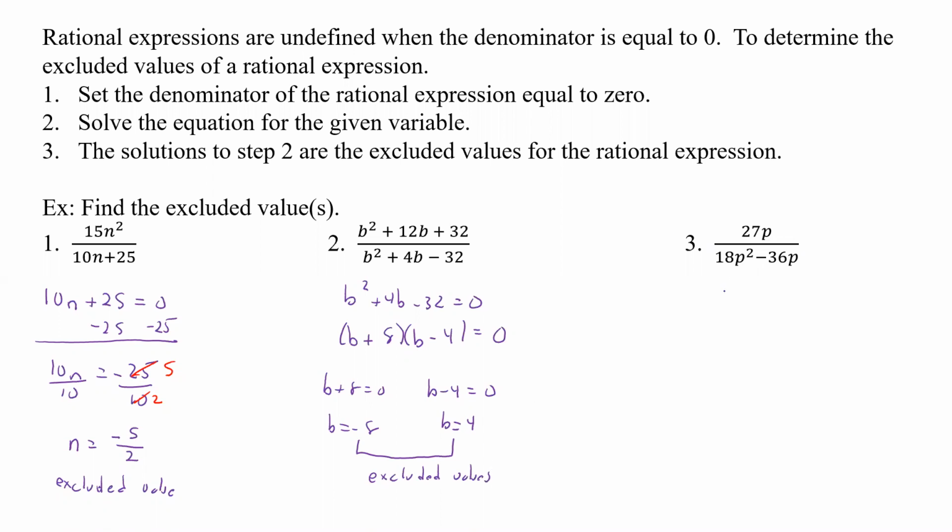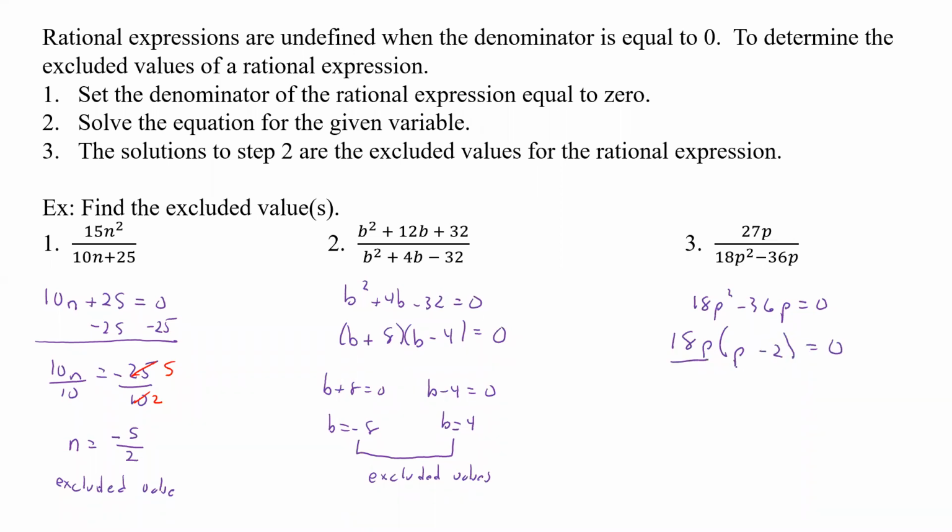Now in the next one, we set that whole thing equal to 0, 18p squared minus 36p equals 0. Now here, it looks like we have a GCF, so what we need to do is pull out that GCF. 18 will go into both of those, and p has something in both of them. So we're left with 18p times p minus 2, and that's equal to 0.